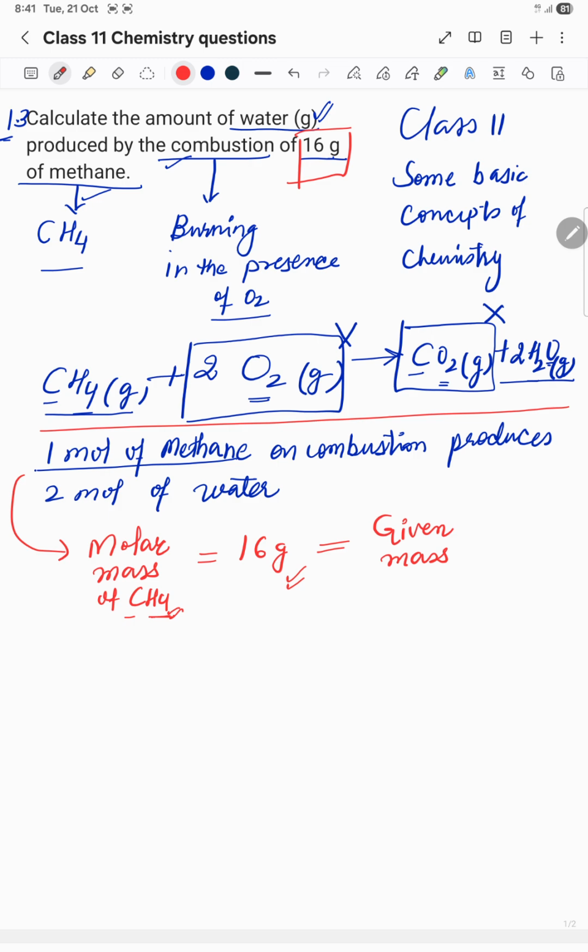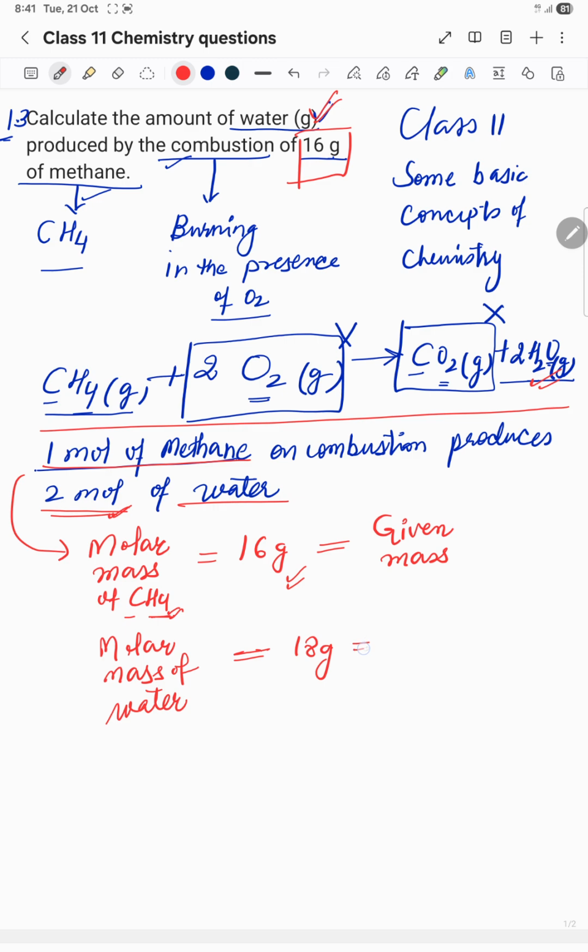So now we are going to calculate the mass of water. From this particular equation we can see that if 1 mole of methane combines with oxygen, 2 moles of water are produced. So now we should know the molar mass of water. Once again, we are going to calculate the molar mass of water. That becomes equal to 18 grams.